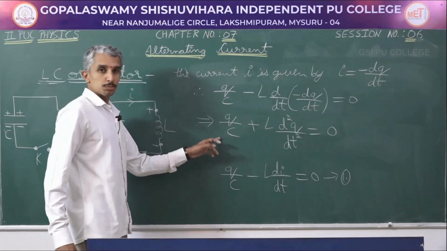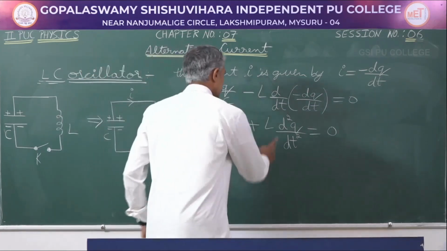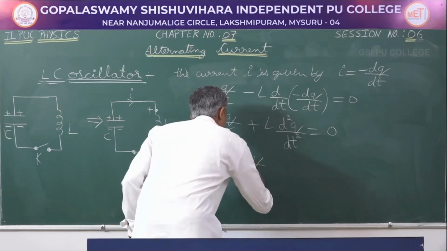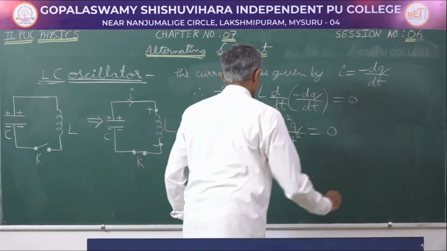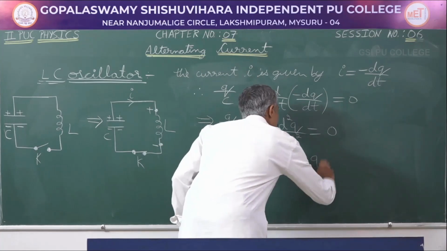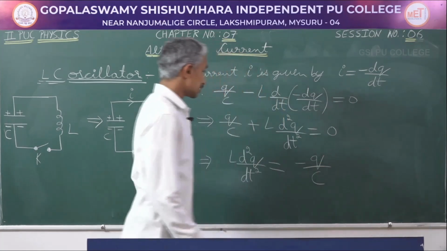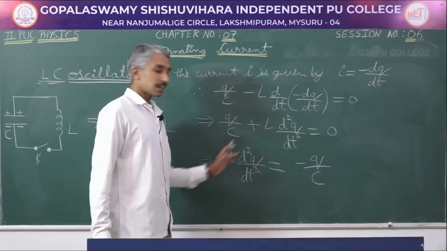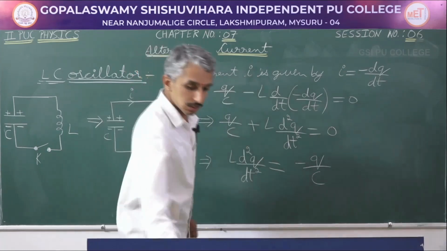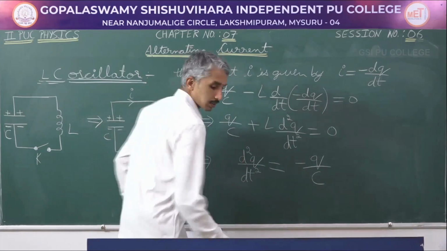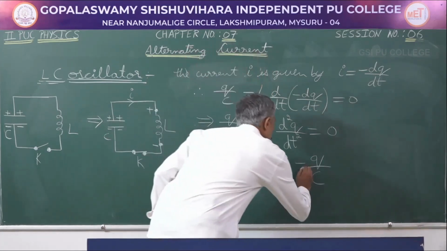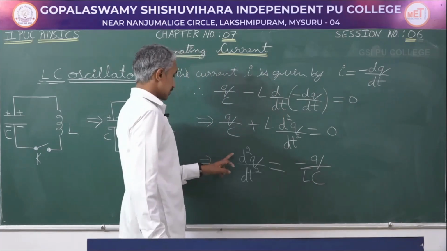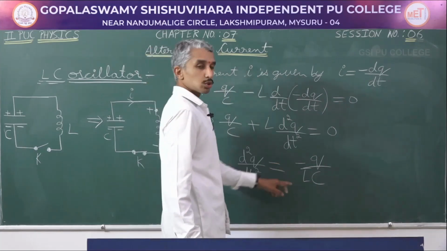I can further simplify this, rearrange. I can rearrange this as L into d square Q by dt square is equal to minus Q by C, and this L, if I take it from left hand side to right hand side, I can write this equation as d square q by dt square is equal to minus q by LC.